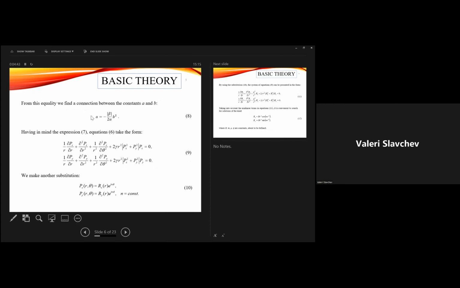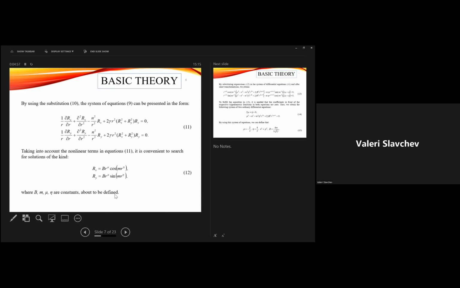Having in mind expression 7, equation 6 takes this form, and after another substitution, these real functions have the expressions in equation 10. By using the substitution of 10, the system of equations 9 can be presented in this form.